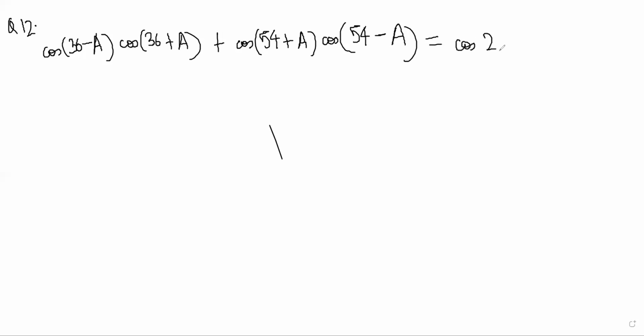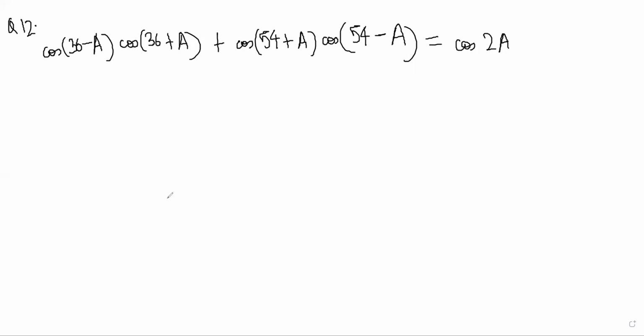You have to prove that it is equal to cos 2a. So you can write cos(54 plus A) as sin(90 minus (54 plus A)).